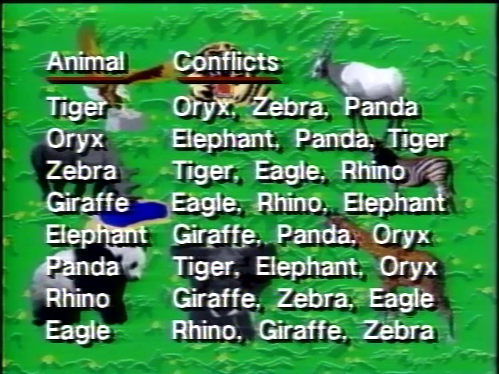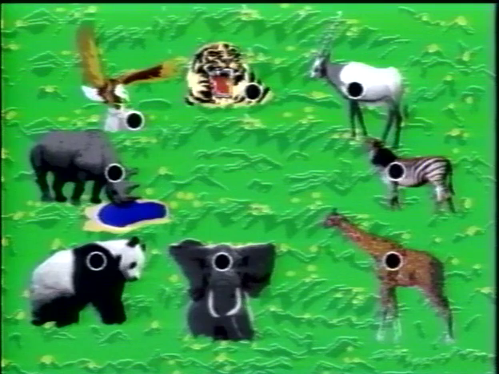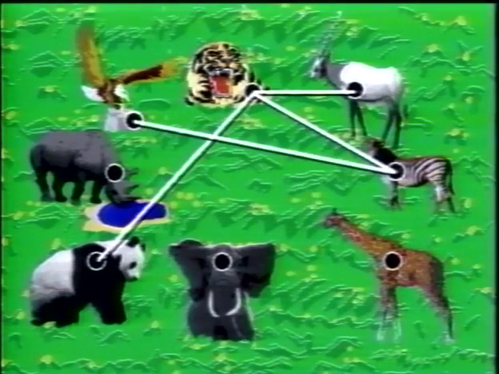First, we need to build a graph to represent the conflicts among animals. Let's create a vertex for each animal. If two animals are in conflict so that they cannot be in the same habitat, then draw an edge between them. For these animals, we construct this graph.